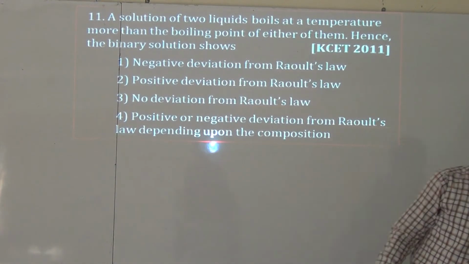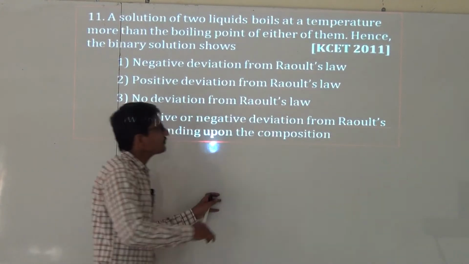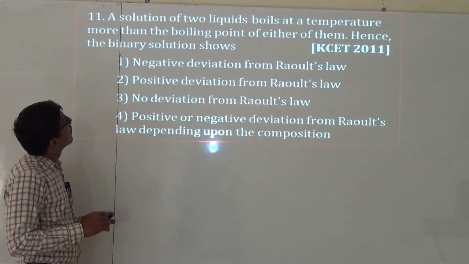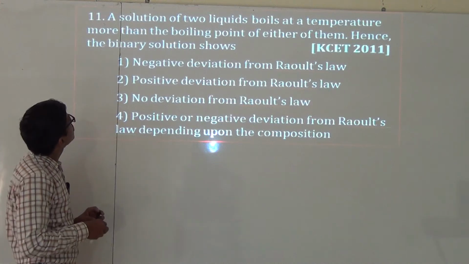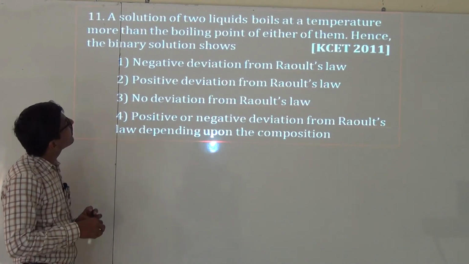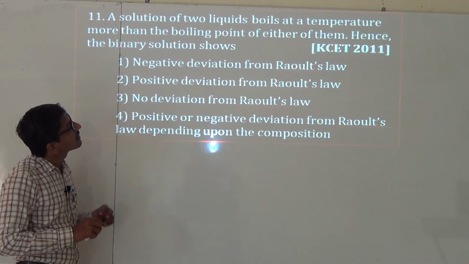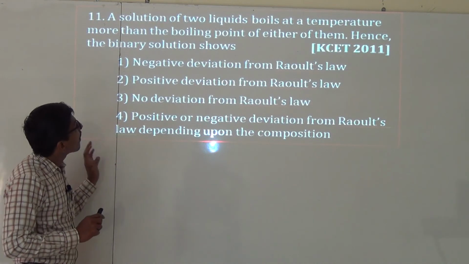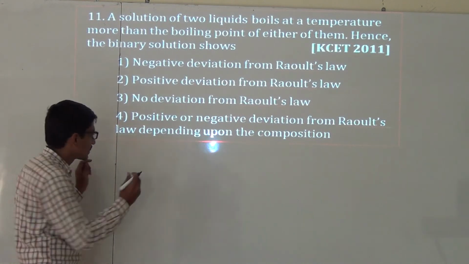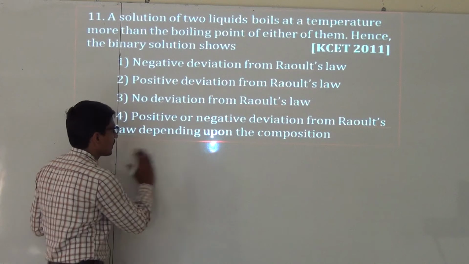Next question is, a solution of two liquids boils at a temperature more than the boiling point of either of them. Hence, the binary solution shows. There are three conditions.